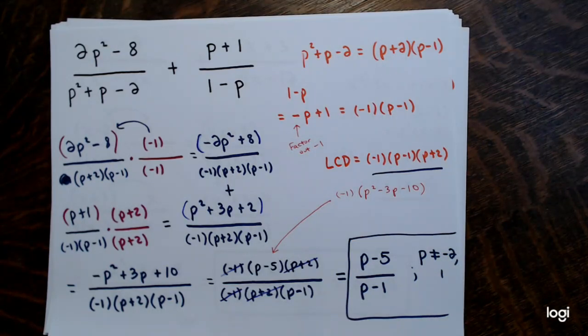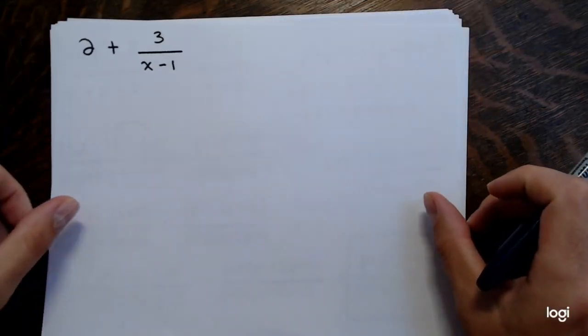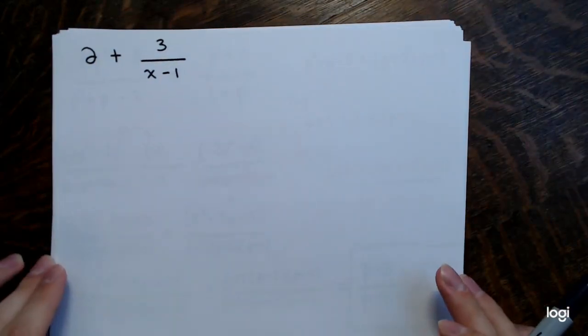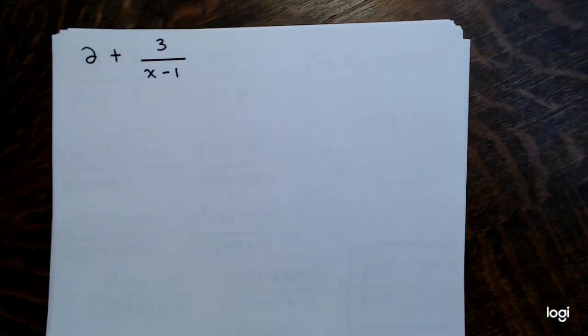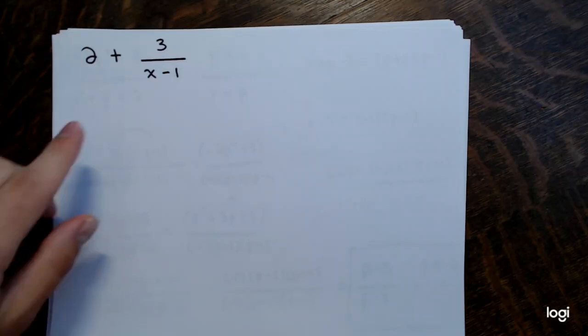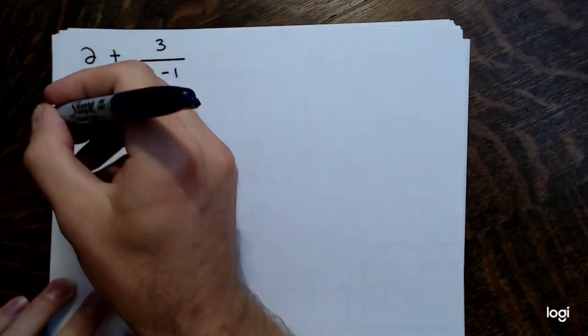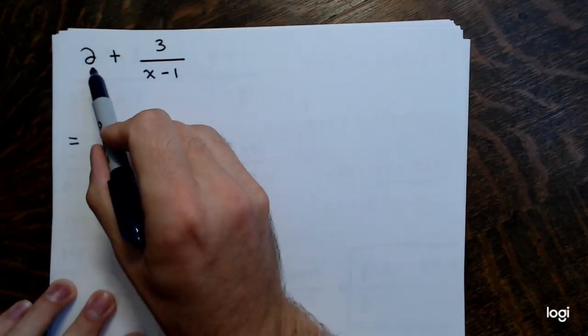Alright, and then finally, I have one last example. This is just one to remind you that when there's not a denominator, there really is. So if I say find this sum and simplify, 2 plus the fraction 3 divided by x minus 1. You're like, oh, there's no denominator here.